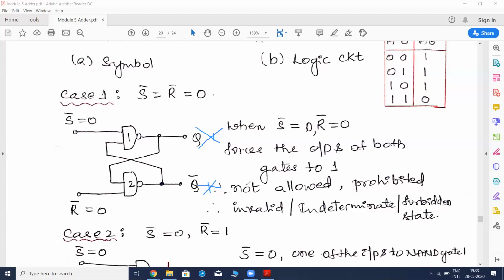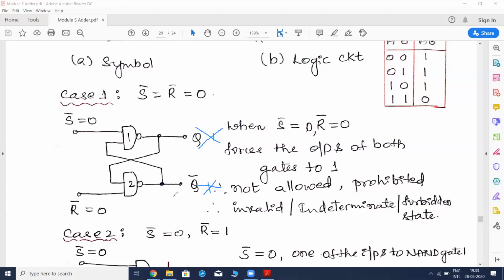Okay, so this is not allowed in our latches, because as per the definition of the latch, our outputs Q and Q bar must be complements of each other. So this input, S bar equal to 0 and R bar equal to 0, is not allowed.